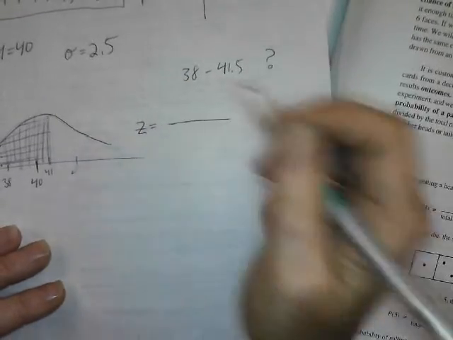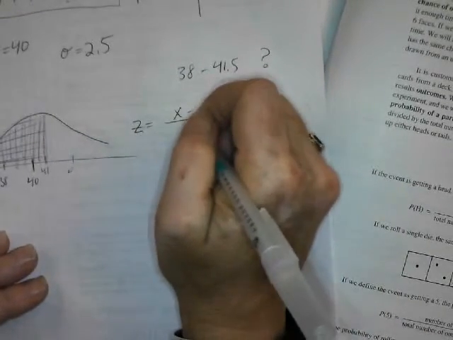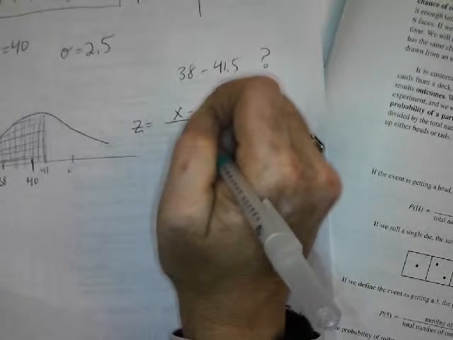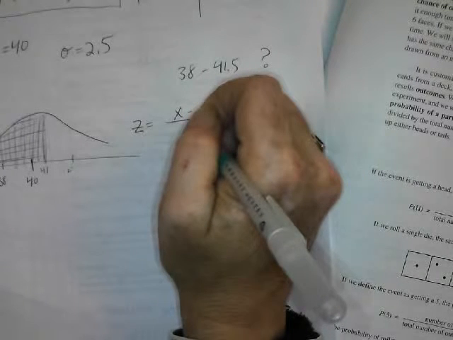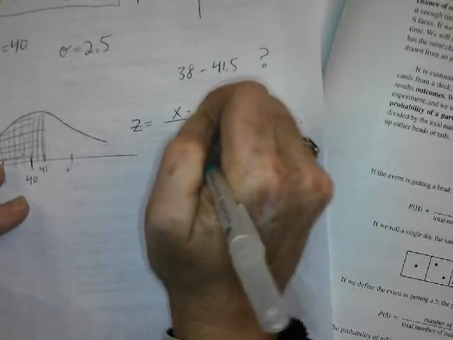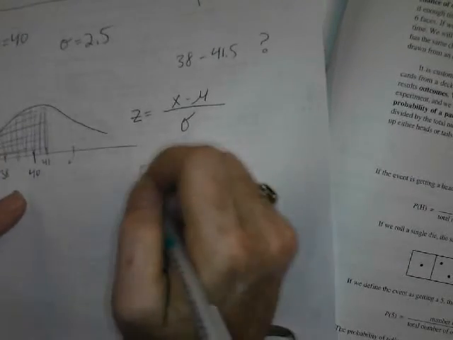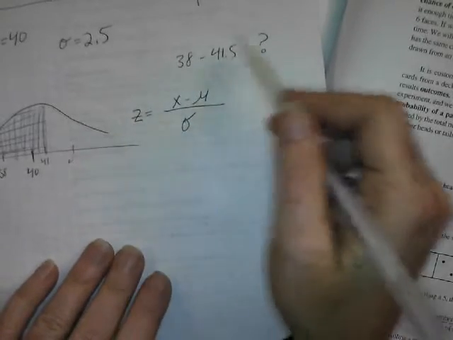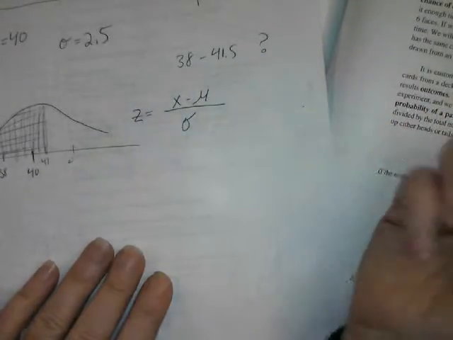So the formula for z score is x minus mu. Is it x minus mu or mu minus x? I think it's x minus mu over sigma. Okay, so I'm going to do it twice, for the 41 and for the 38.